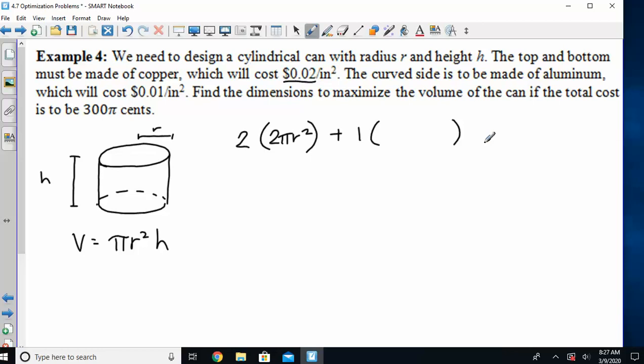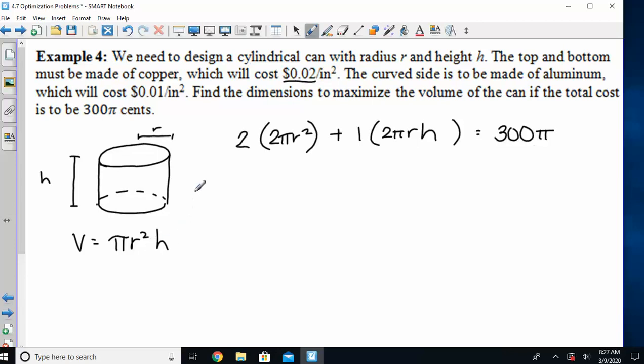So circumference. Circumference of a circle is 2 pi r, times the width, that's just my height, which is h. And this costs 300 pi. You with me so far?